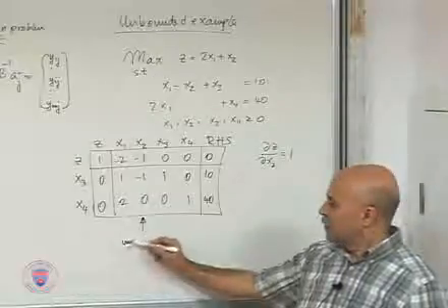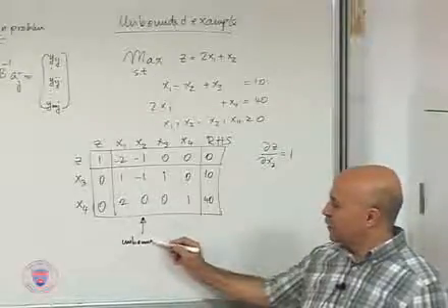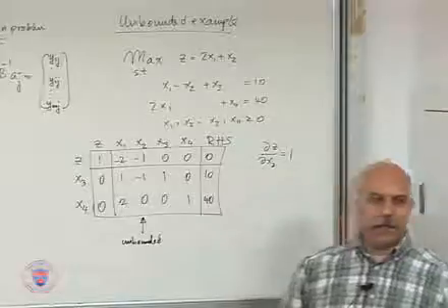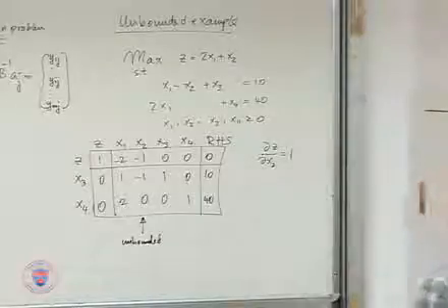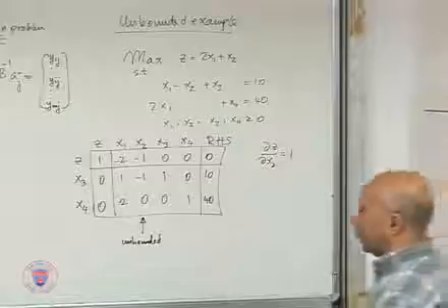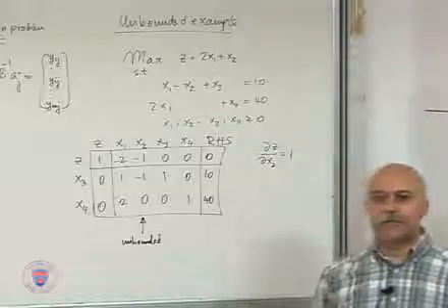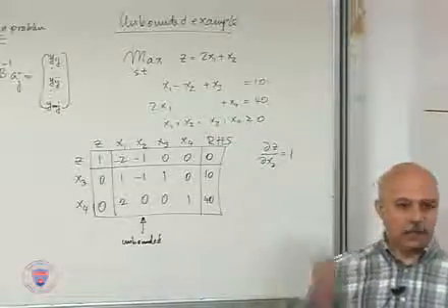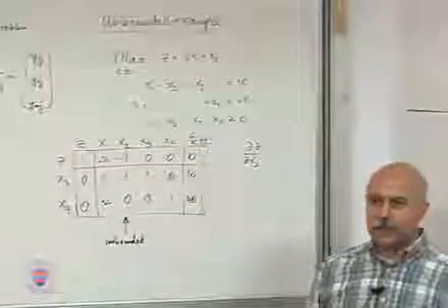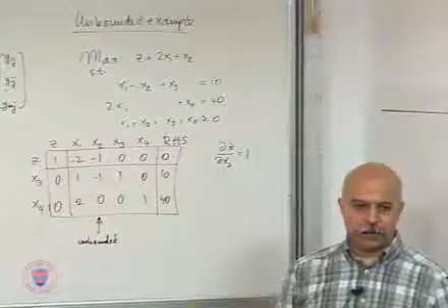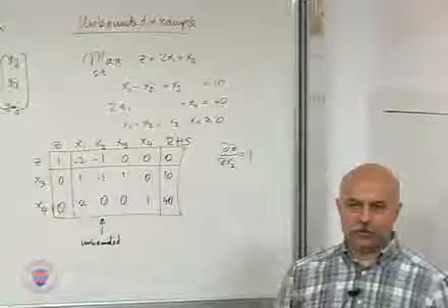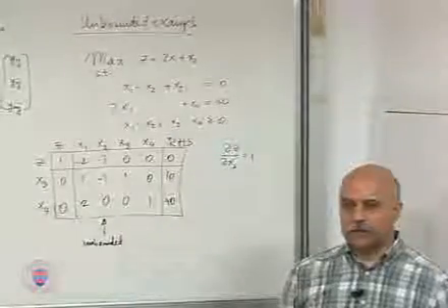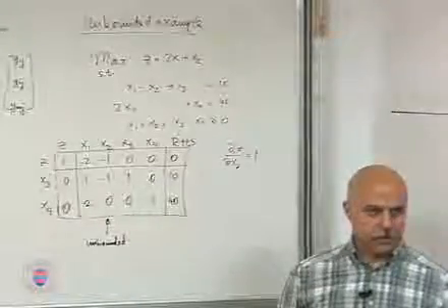So this column tells you that you have an unbounded problem. Okay? Unbounded means you can make your objective function as large as you wish for a maximization and still get a feasible solution. So let's find a feasible solution with objective value of 1 million, for example.